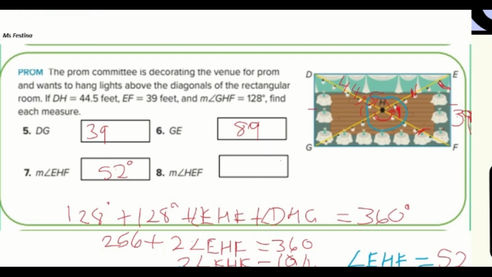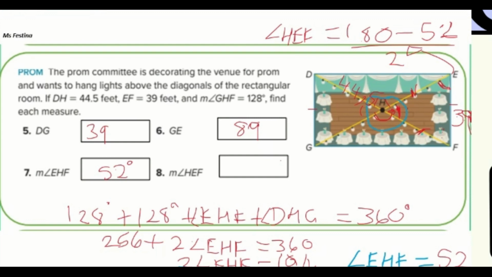So to find angle HEF, it will be equal to 180 minus 52, all of it divided by 2.